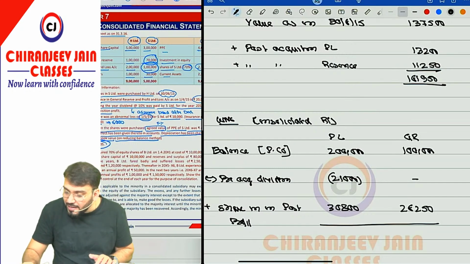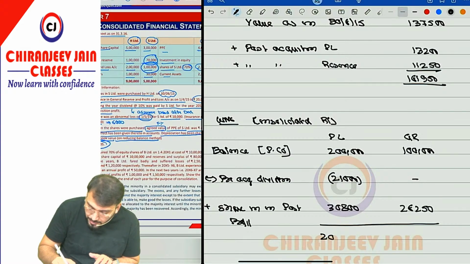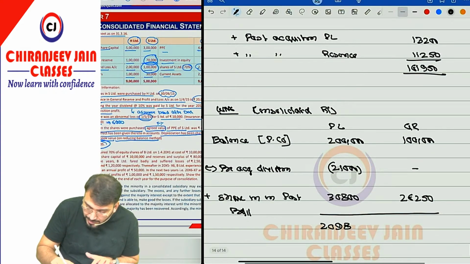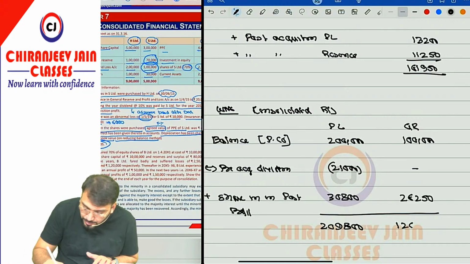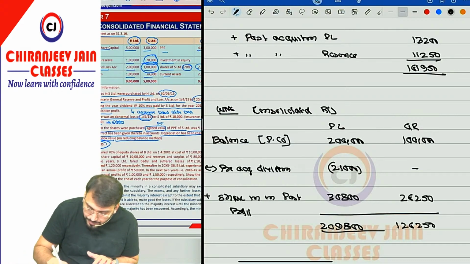So this is 2 lakh plus 30,800 minus 21,000. It is coming to 2,09,800. Then 1,26,250. This is the final answer.